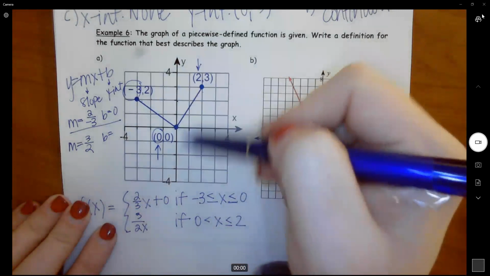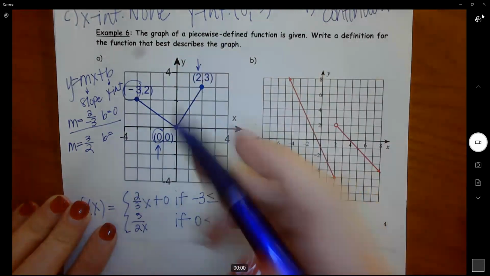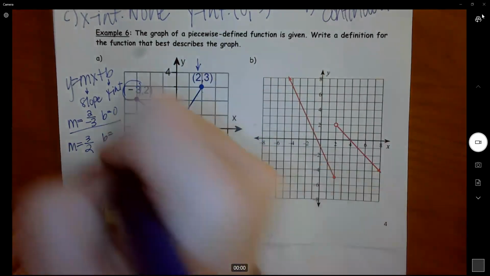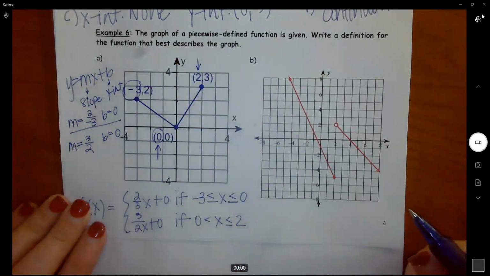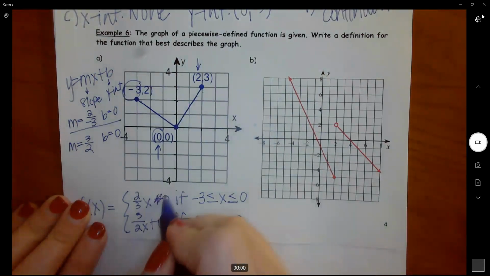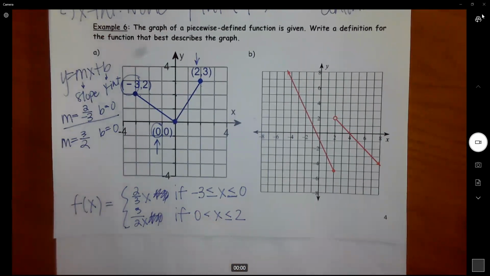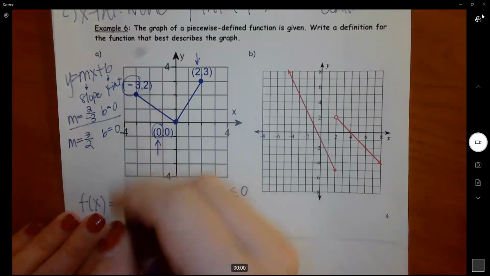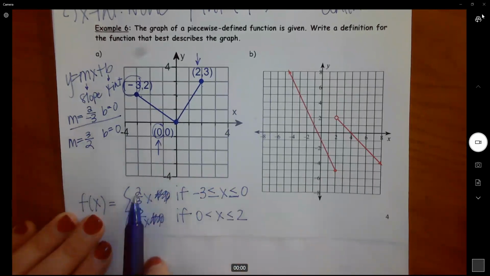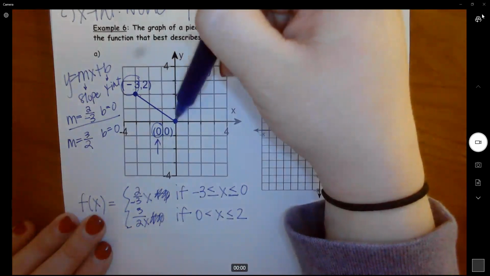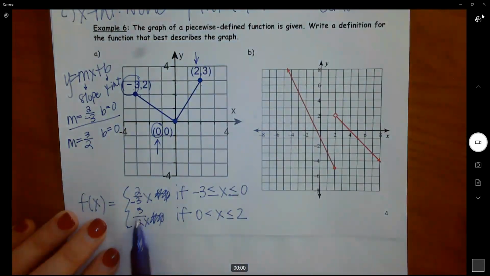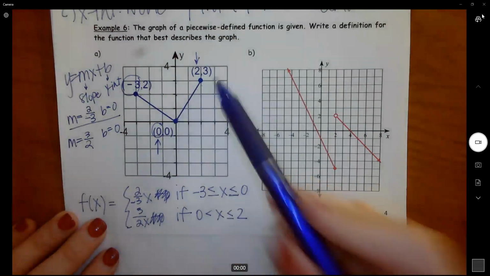And then where is it crossing the y-axis? Right here at 0. So this is again plus 0. You don't really need either of these plus zeros. This should have been -2/3 x, because that's my slope. It's going down. And then this one, 3 over 2x, is going up.